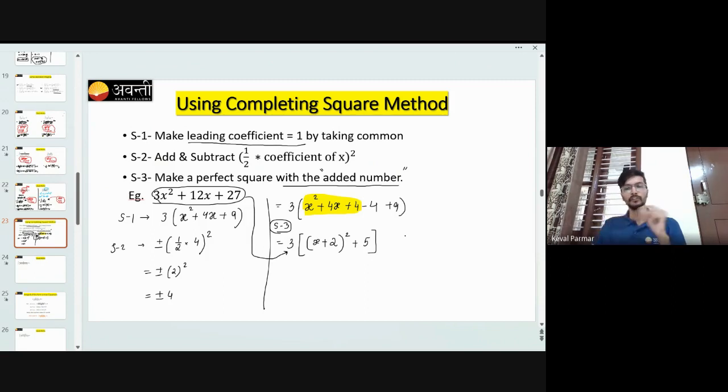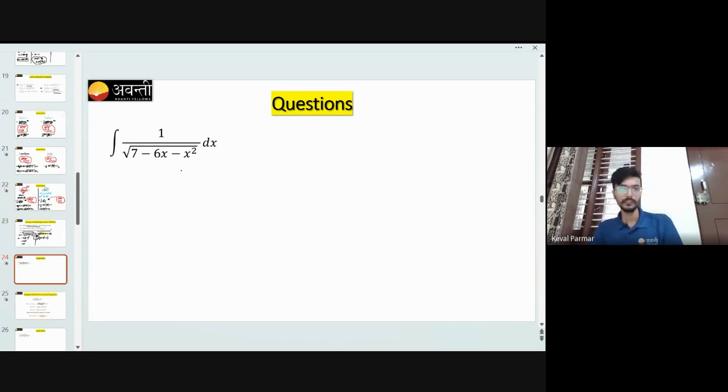Got it? So let's say, suppose I take an example, this one. Here the quadratic given is 7 minus 6x minus x square. So if I rearrange, I will get minus x square minus 6x plus 7. Got it? So what was step 1? Step 1 was take minus 1 common.